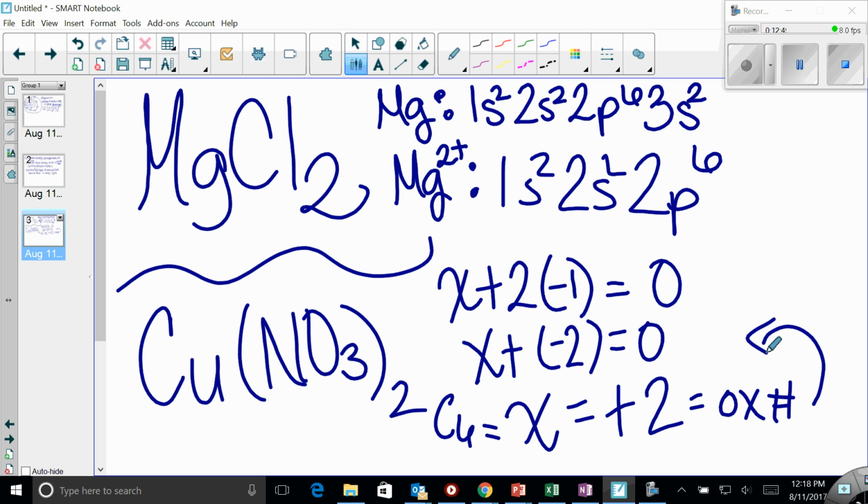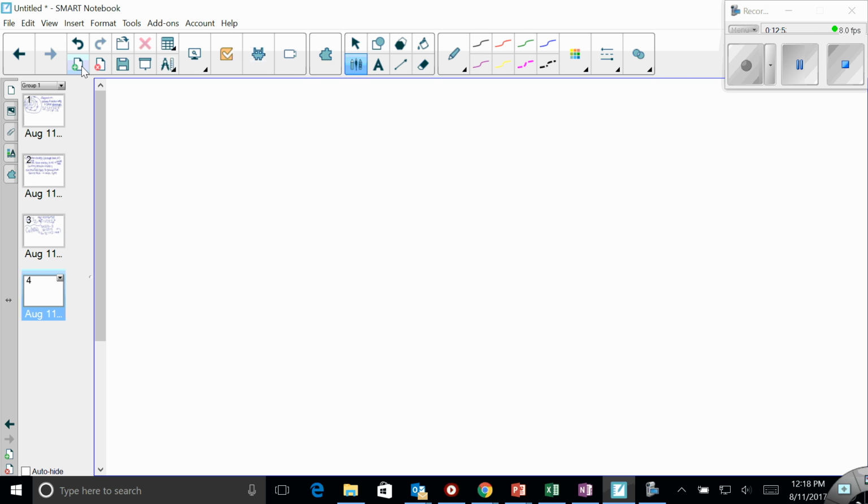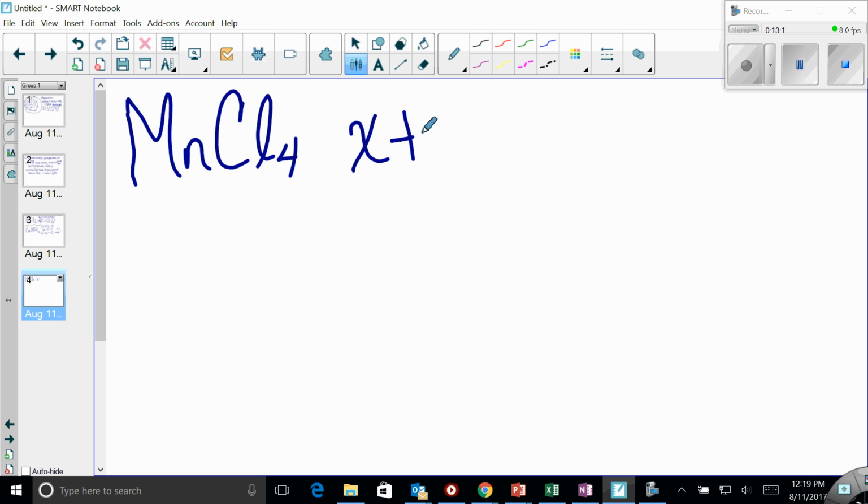Yes, please. Okay, let's try this one. I'm just going to make something up. It's not on your sheet. MnCl4, because we're only using Cl's and NO3s. So I'm going to show you the same thing. That equals 0. X plus 4 times the charge of Cl.